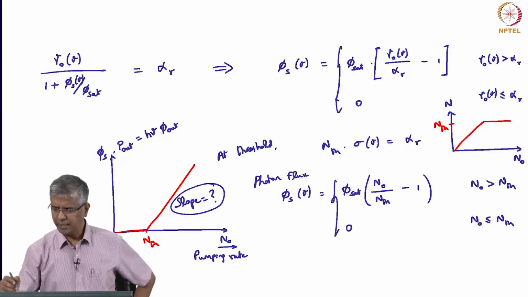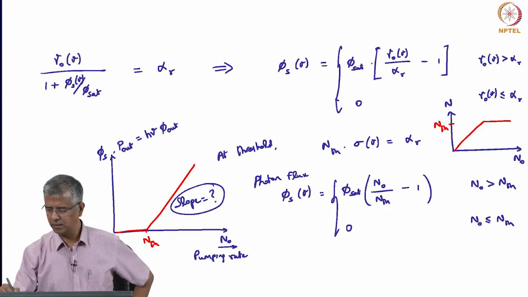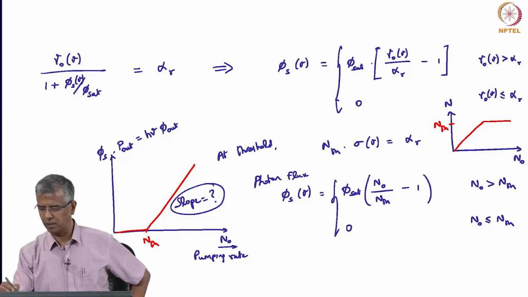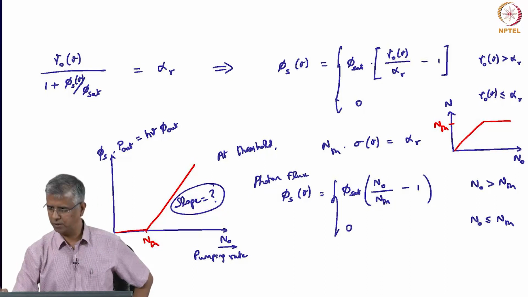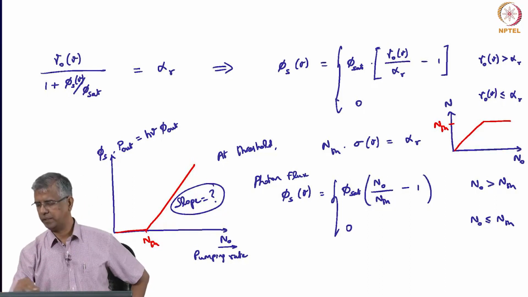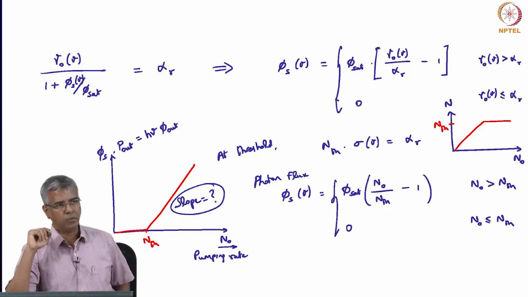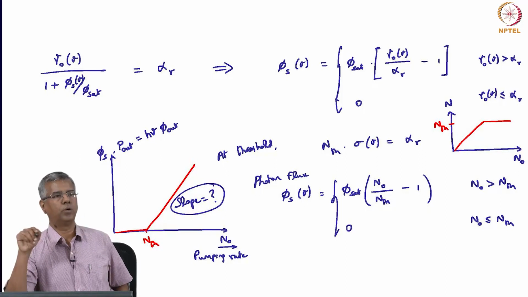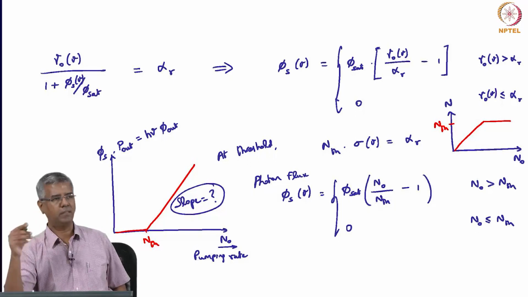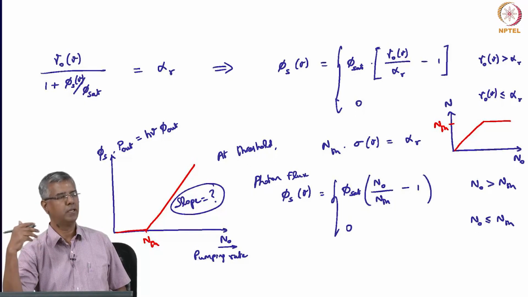Now, I can represent that using another graph just to help you visualize this. So, when you are tracking n as a function of N naught, where N naught is the inversion that is available to you without any signal photons, that is the small signal inversion that you have, and that is proportional to the rate at which you are pumping, or the pump power, right.